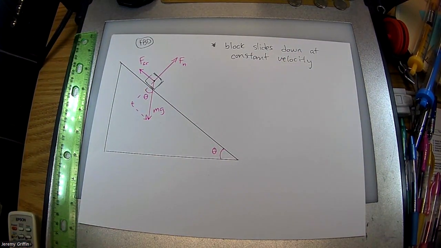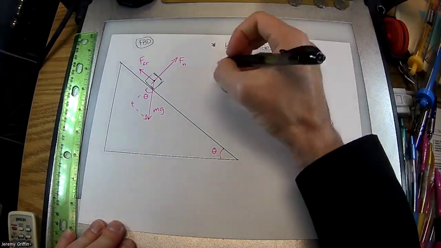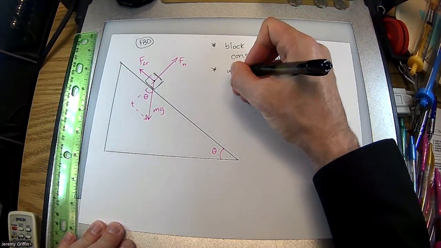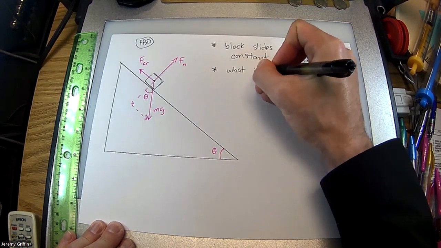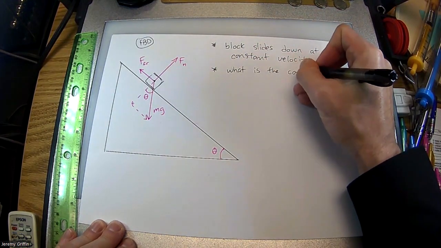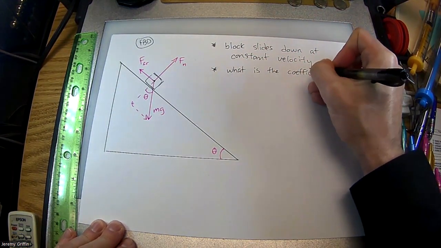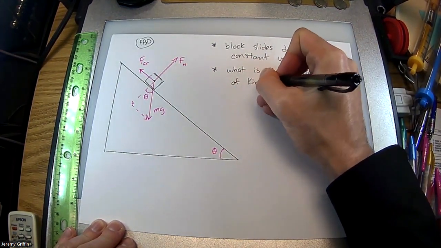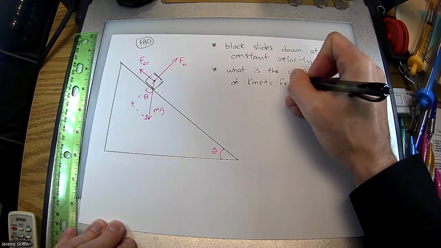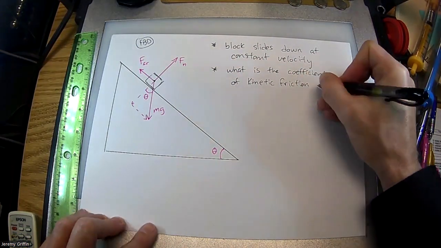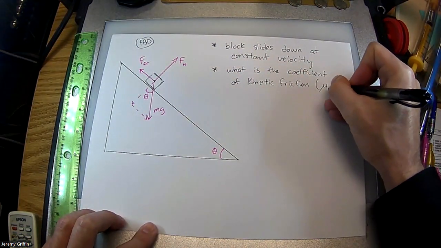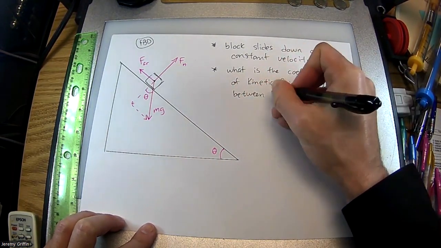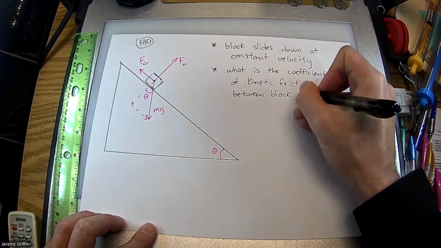Next question. And this was a lab you guys did. What is the coefficient of kinetic friction, which I might call mu sub k, between the block and the surface?